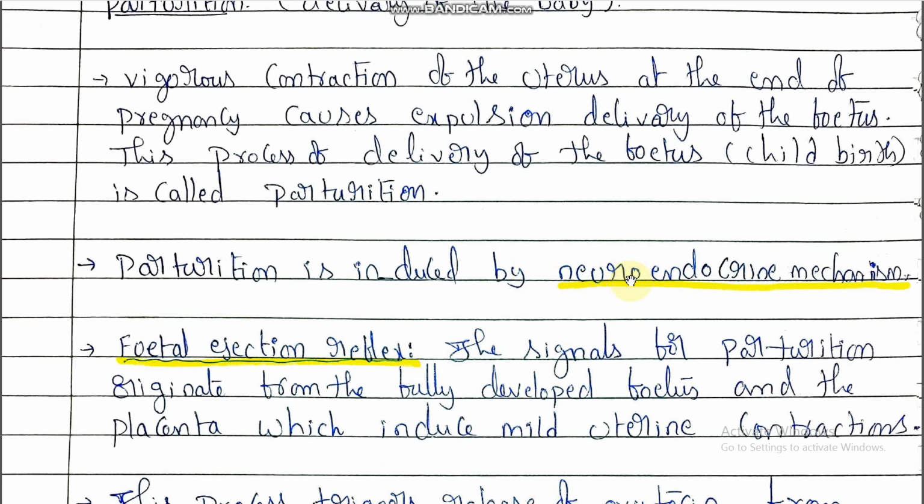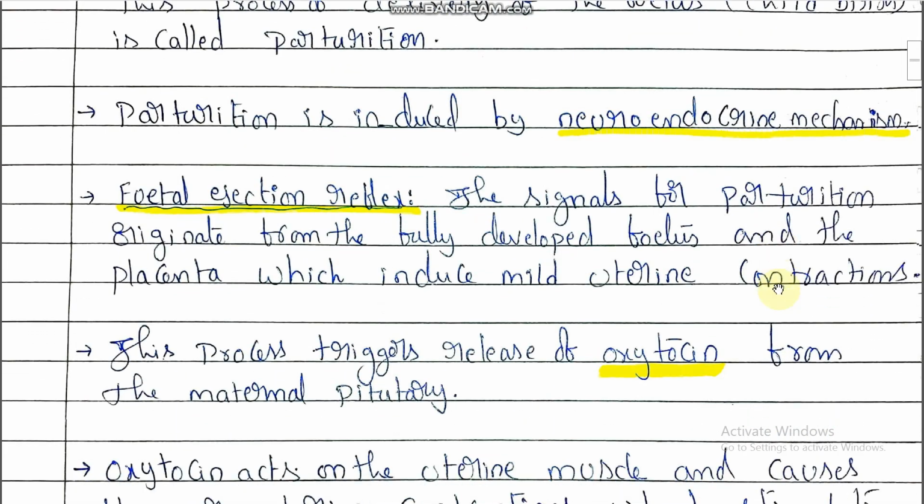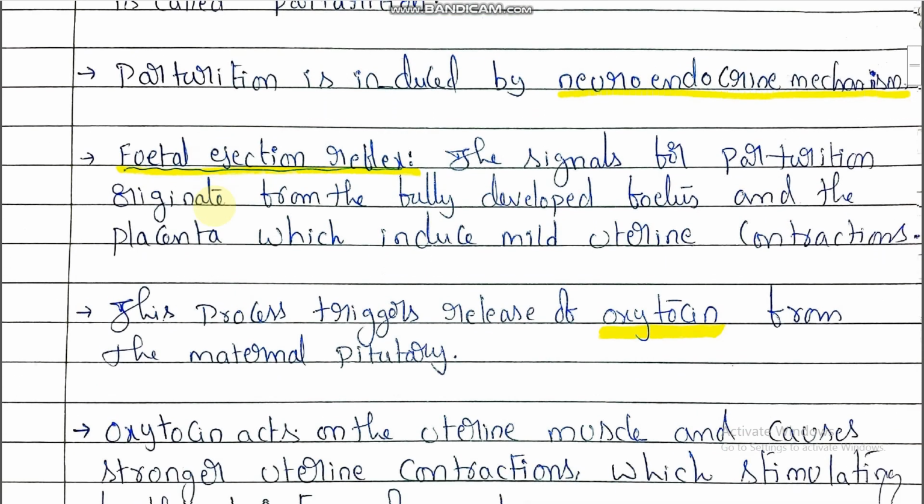Neural control, endocrine by the hormones, neuroendocrine mechanism. The process of parturition is induced by the neuroendocrine mechanism. After this clear? Right. So how does the neuroendocrine mechanism take place, how does the process of parturition occur?